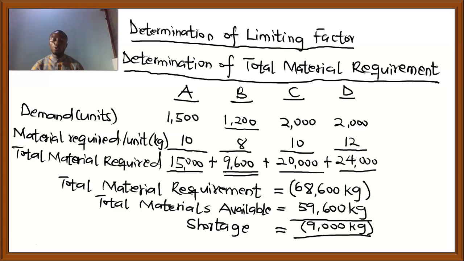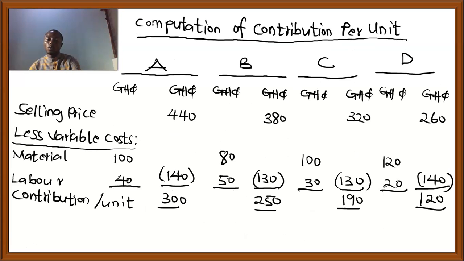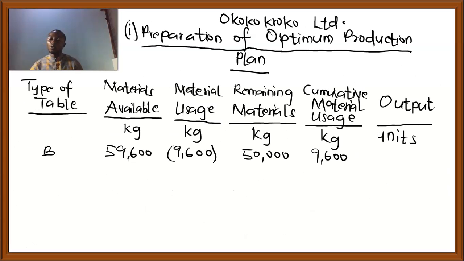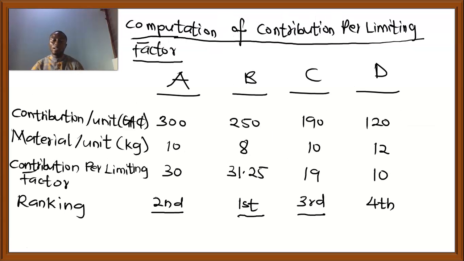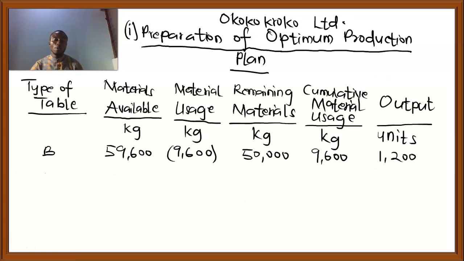So we are going to meet the demand of 1,002. The 9,600 corresponds to the total demand of 1,002. The second on the ranking is table A.